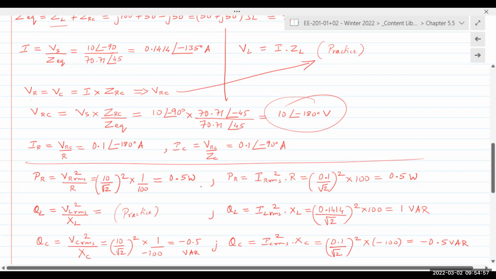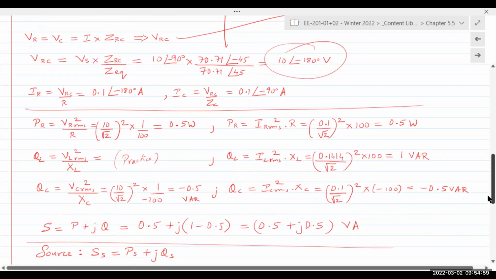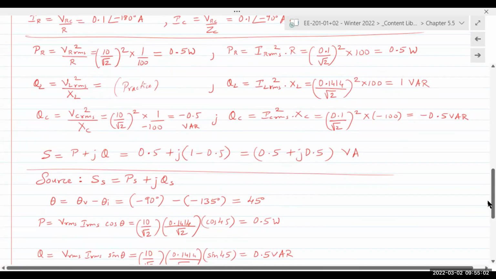Now, add up all of the power in that system. What do we get? S is equal to P plus jQ, right? That's the rectangular coordinates for the total complex power S. Real power P is 0.5. Reactive power is plus j1 and minus j0.5. This is QL, 1 is QL.